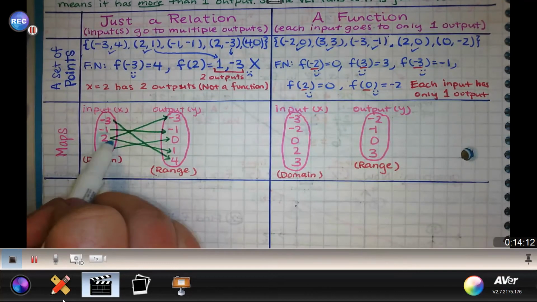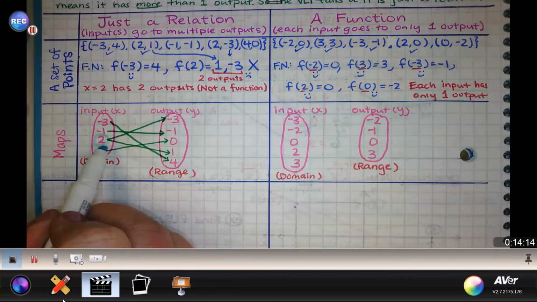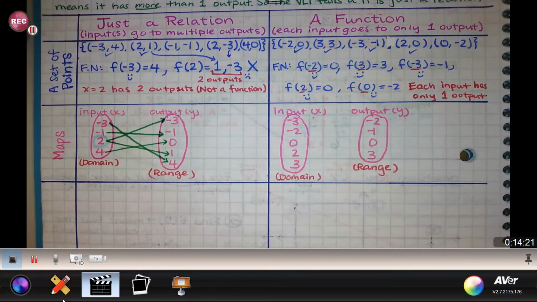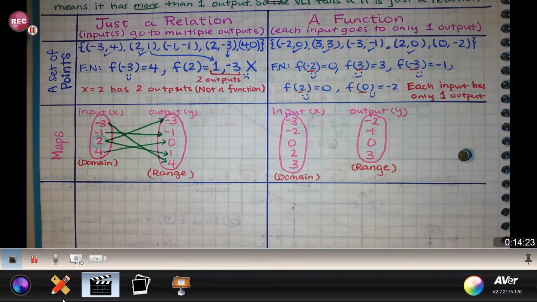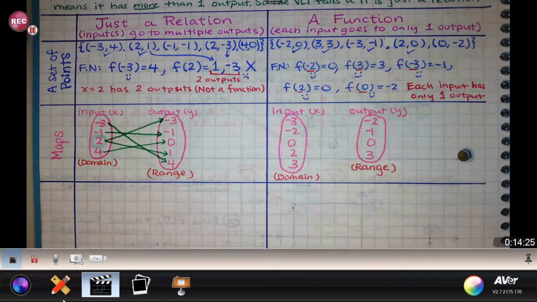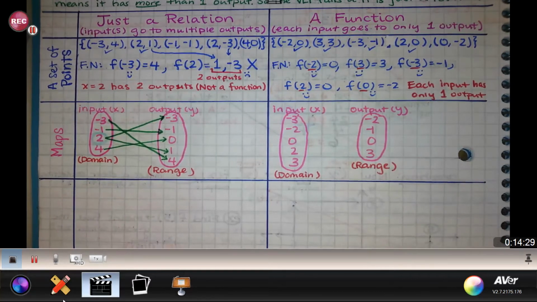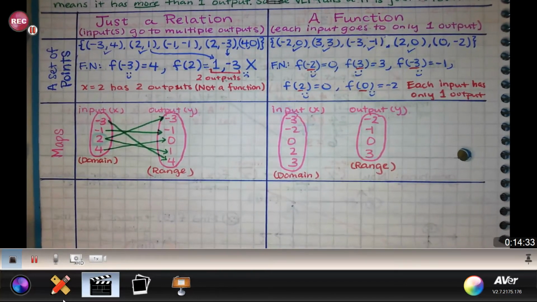But then notice here how 2 splits off and has 2 separate outputs. That's not physically possible. If we were to literally follow a map, it would not be possible to go down these 2 paths at the same time. So this means that it's not a function. It's still a relation, but it's not a function because this one is going to go to 2 outputs.